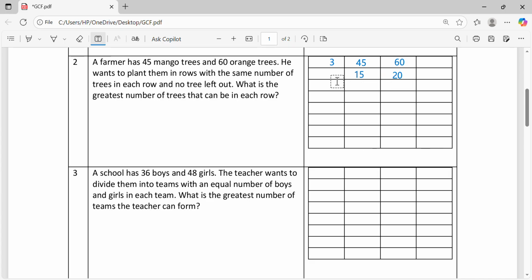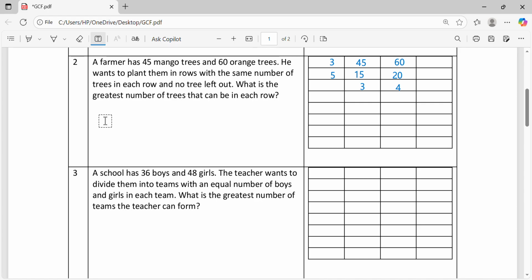So we choose to put 5. 5 works there. Where you find that 15 divided by 5 is 3, and then 20 divided by 5 you get 4. Immediately there is no other number that can divide both 3 and 4. You have to stay there.